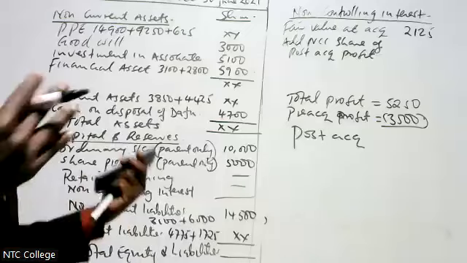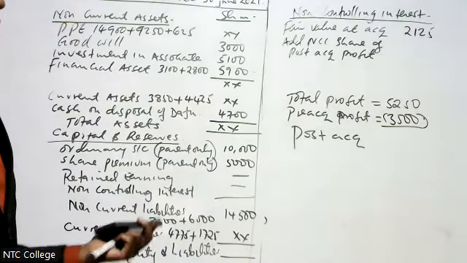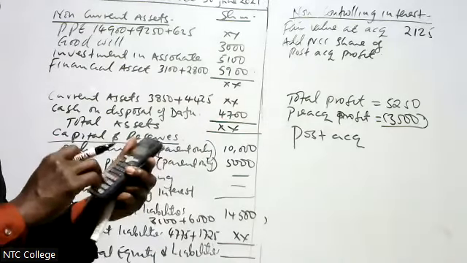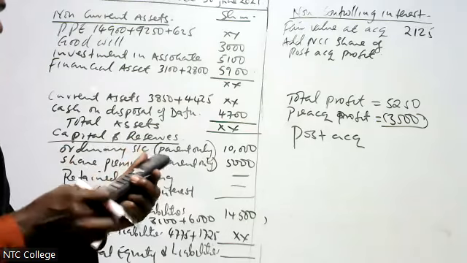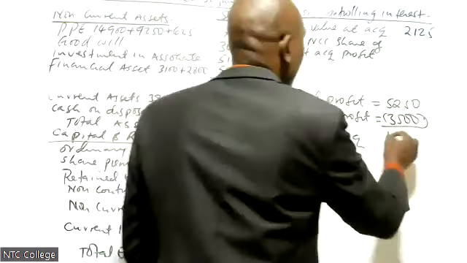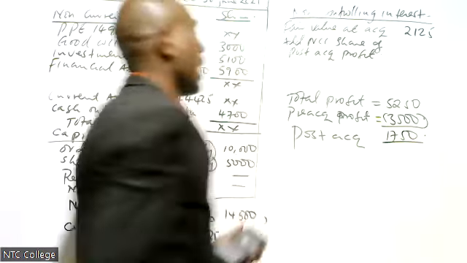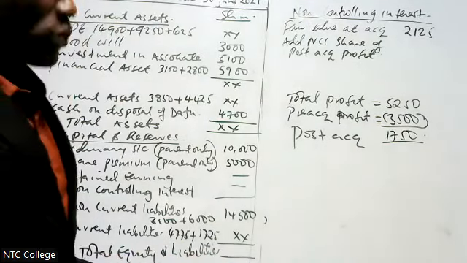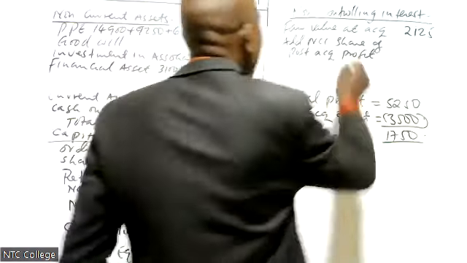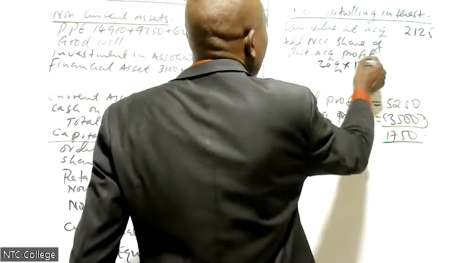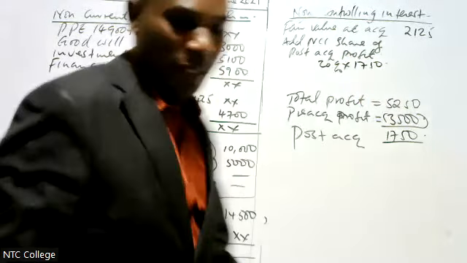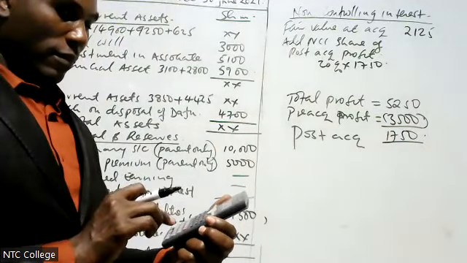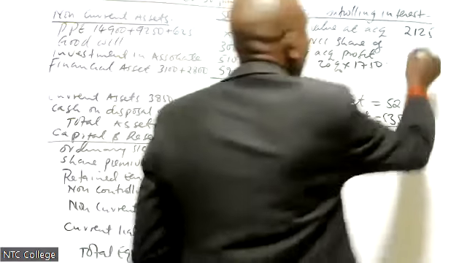Total profit is 5250 from the balance sheet. Pre-acquisition profit is 3500. Therefore, 5250 minus 3500, I'm getting 1750. Out of that 1750, NCI share. NCI is 20%. Therefore, I will take 20% times 1750, which is 350.